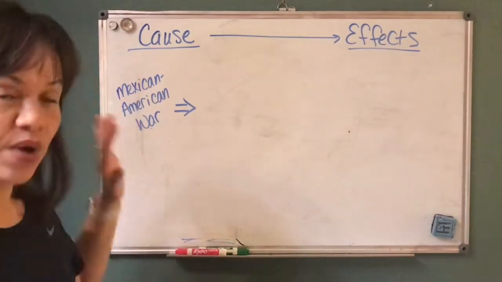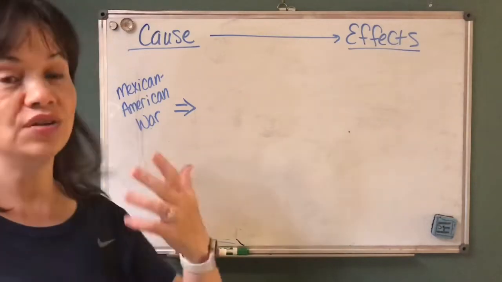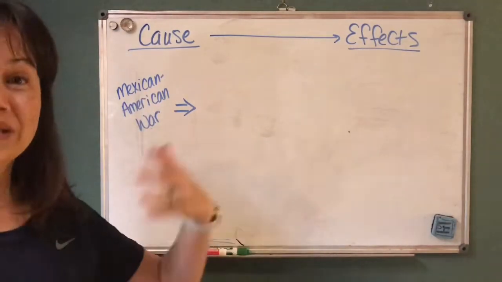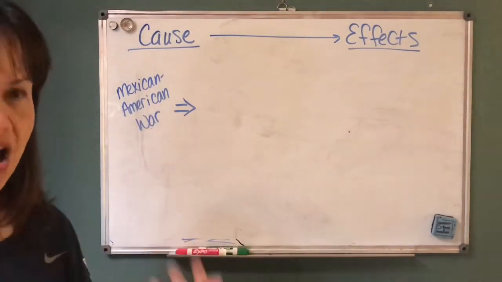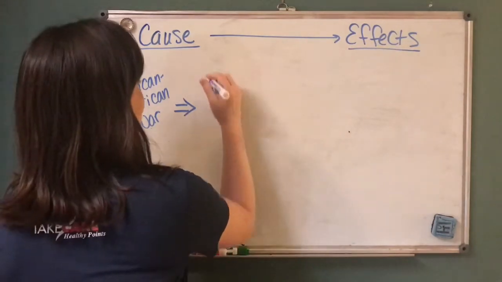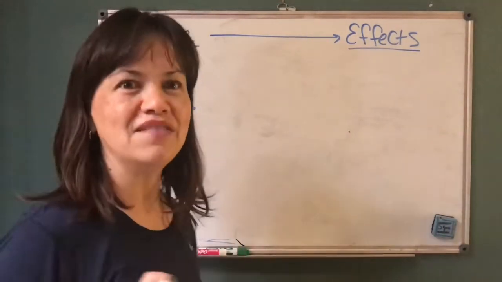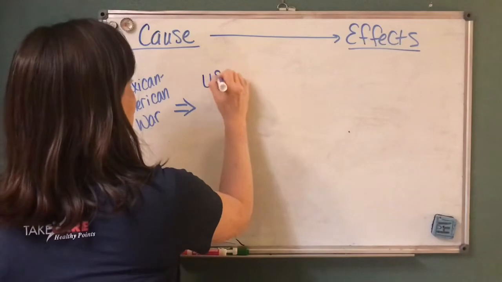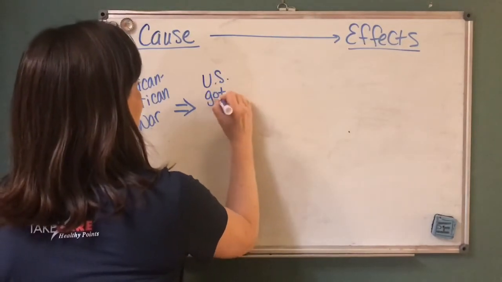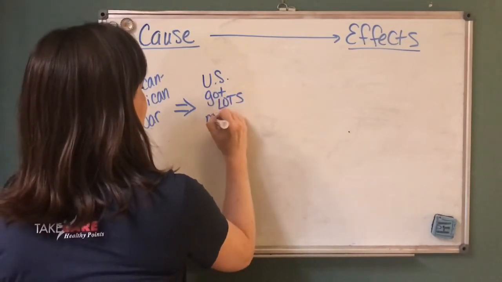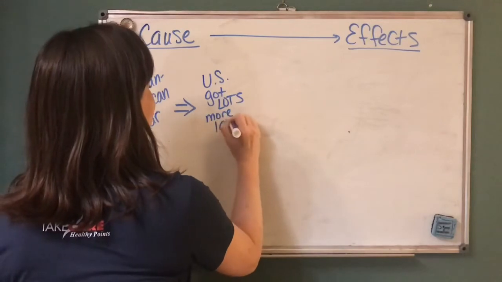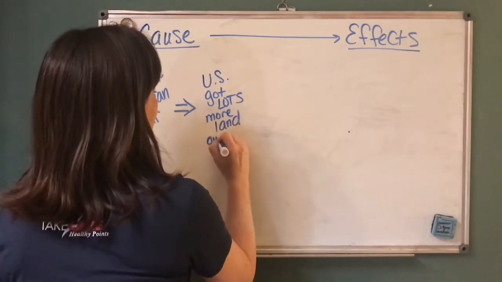So as we already know, the big result of the Mexican-American War was that the United States got a lot more land. They fulfilled their manifest destiny. So the U.S. got lots more land out west.